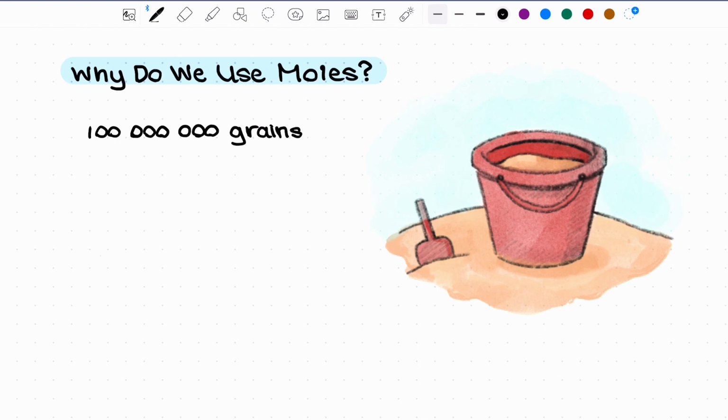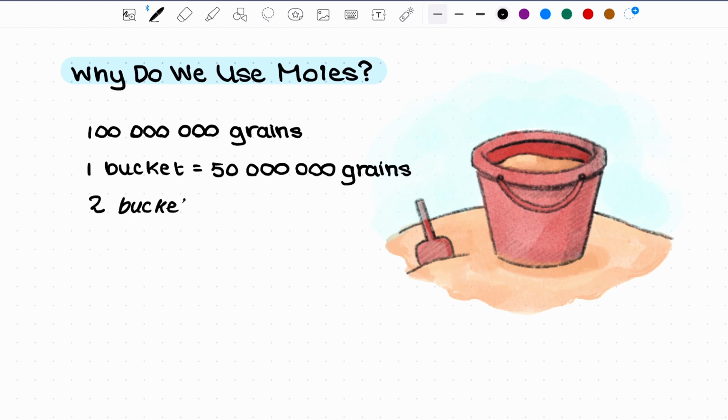And we know that 1 bucket of sand from our pail can hold exactly 50 million grains. So we go over there and we get him exactly 2 buckets of sand, because 2 times 50 million gives us 100 million.